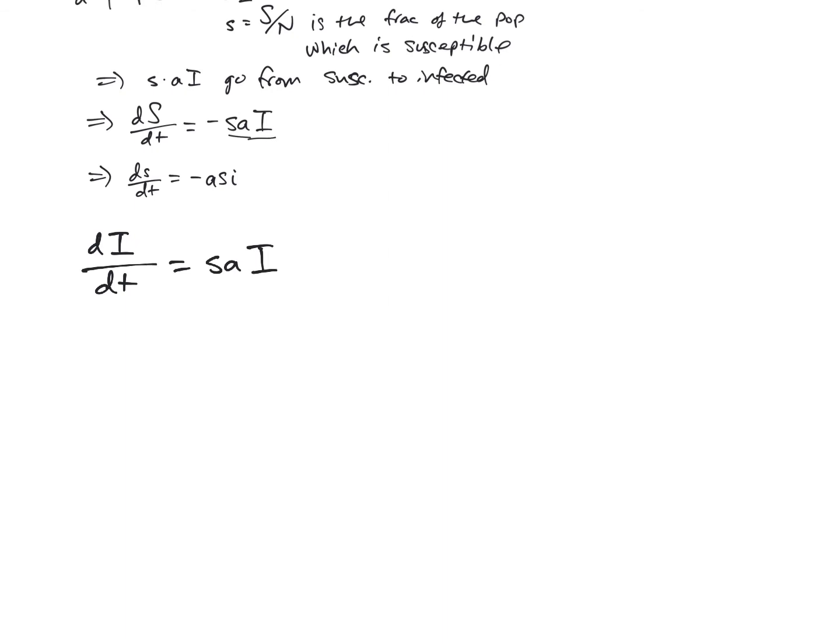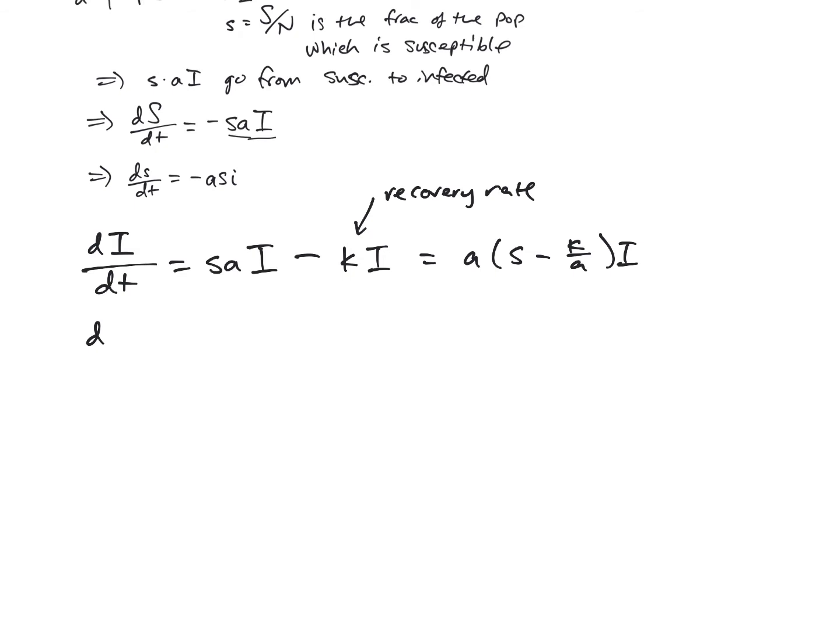But it's also dropping by a rate of K times the size of the infected population, where K is the recovery rate. It depends on how long it takes you to recover. And so we can rewrite this one like A times s minus K over A times I, and that's going to be useful for us later.